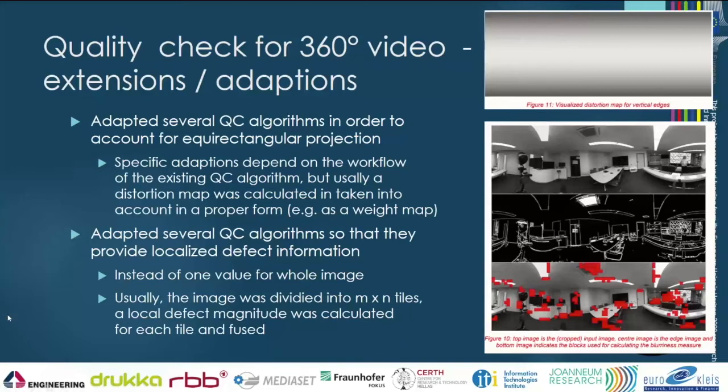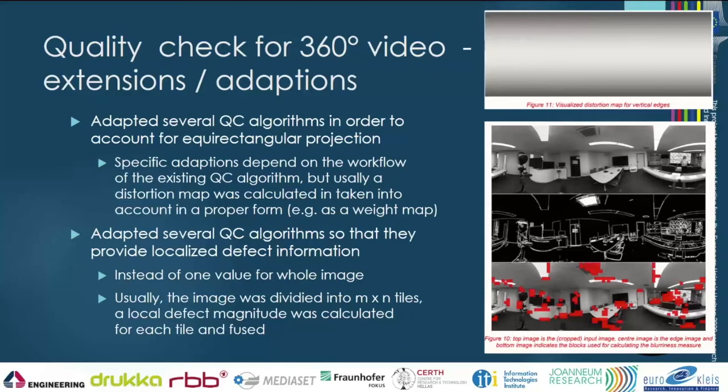Then for the localization, we adapted several of the algorithms so that they provide this localized information instead of providing only one value for the whole image. For that, the general recipe was to divide the image into a matrix of tiles, calculate a local defect magnitude for each tile, and fuse it.